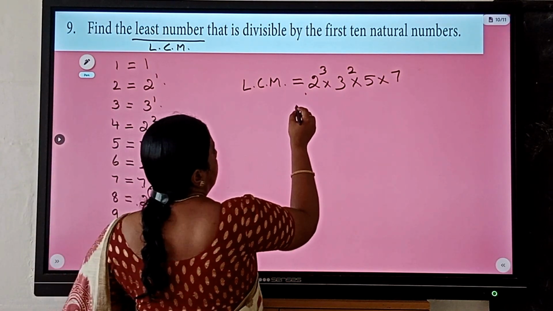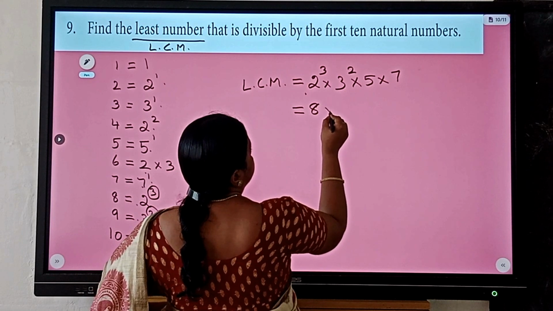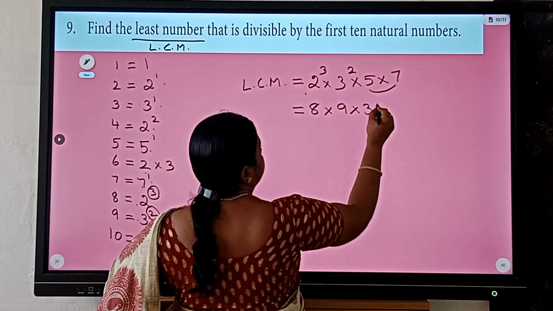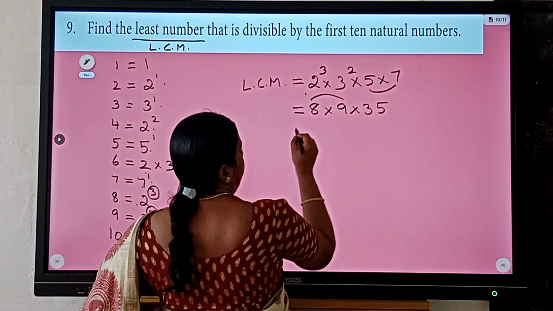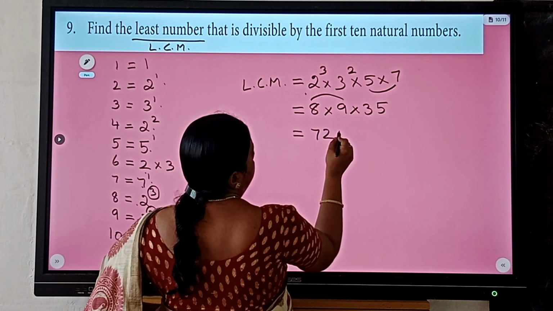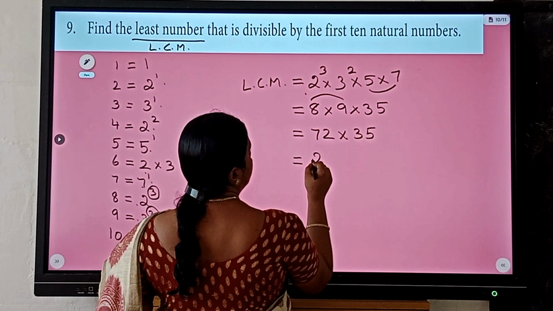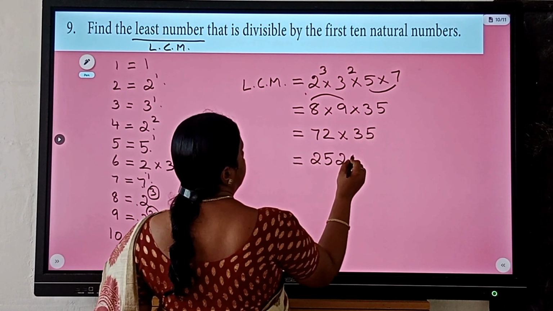Now let us solve this. 2 cube is 8. 3 square is 9. Then 5 sevens are 35. 8 nines are 72. Into 35, the answer you get is 2520.